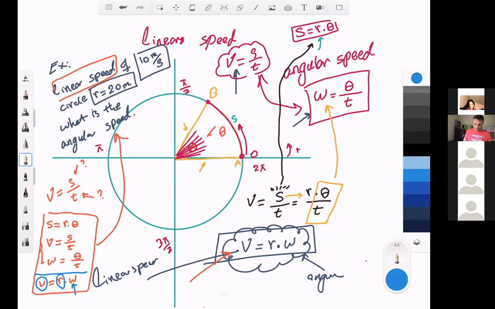You can say 10 equals 20 multiplied by omega, so omega will be 1/2. Angular speed is 1/2.